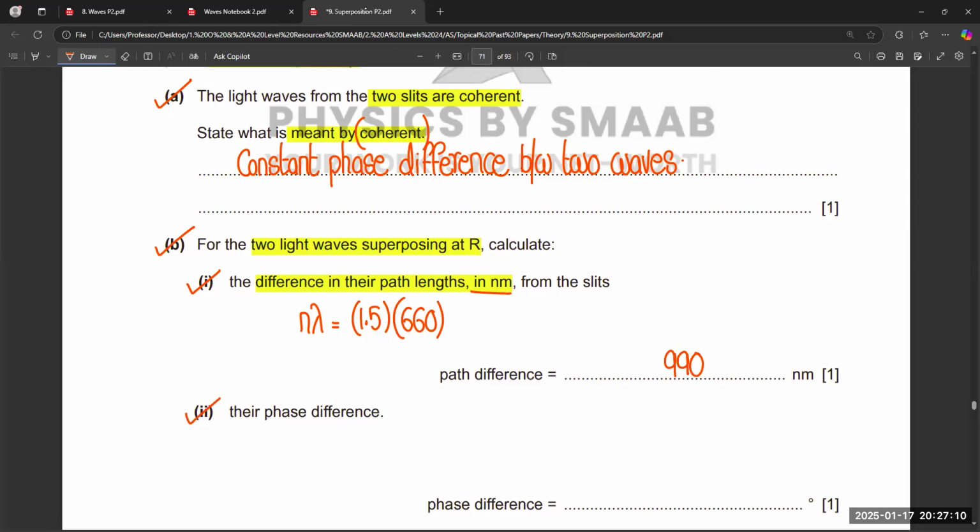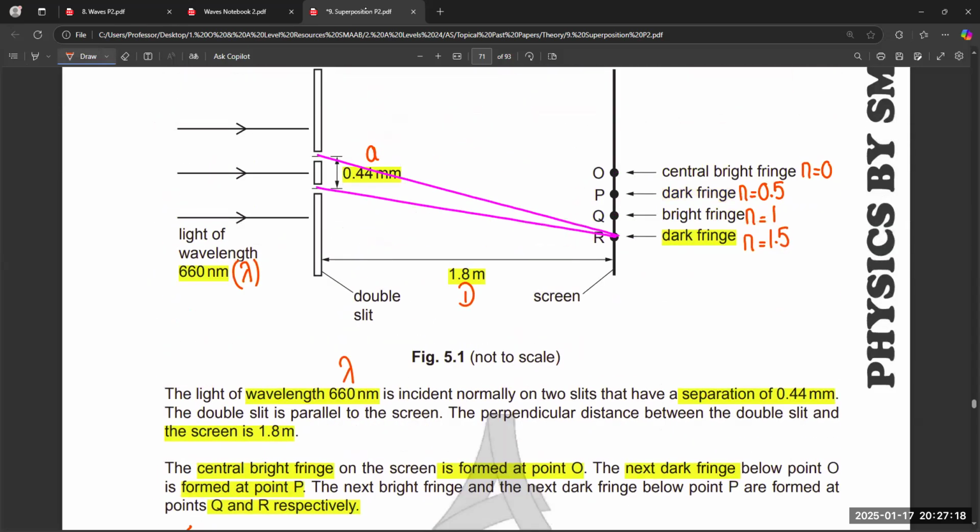So now we need to find the phase difference in this scenario. It is very easy to find out because now we don't have two different waves given in a transverse wave pattern. So we don't need to select any point or find the difference in time. We just need to write down the order. Your order is 1.5, because we use the concept of order in the Young double slit experiment.